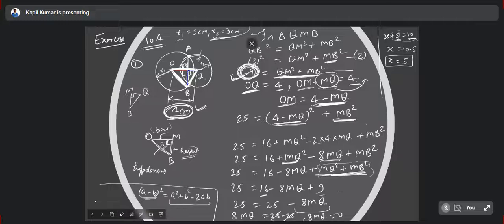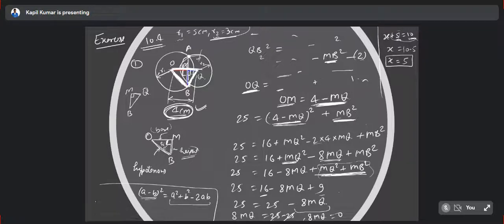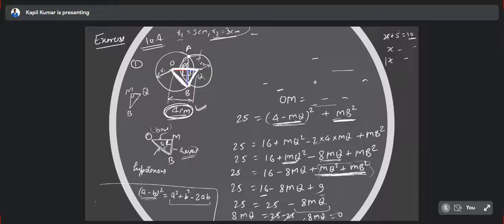Right? So if 8 MQ is equal to 0, then MQ is also equal to 0, because 8 cannot be equal to 0, so MQ is equal to 0.